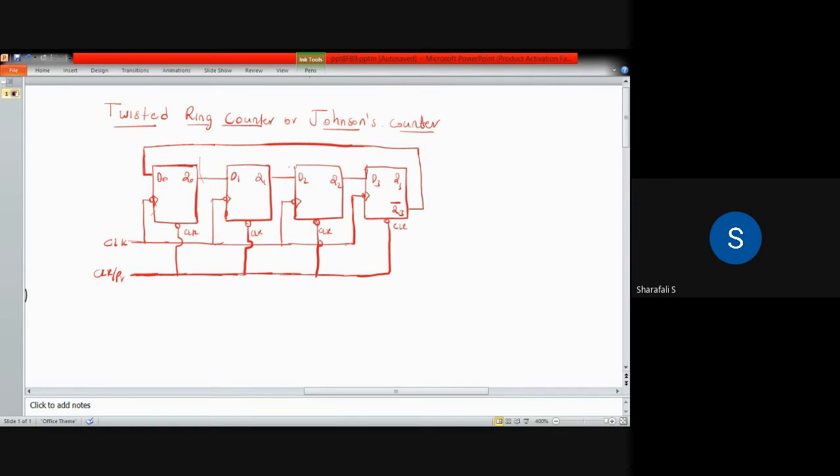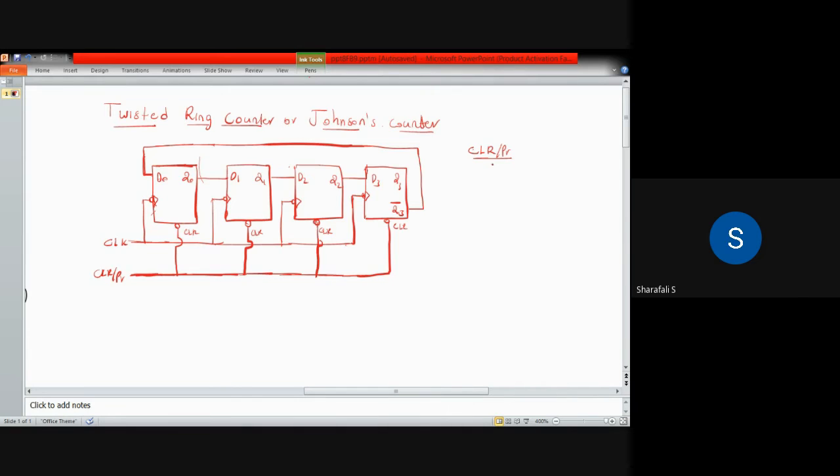When the clear is enabled, all the flip-flops will be cleared initially. As we discussed earlier, we have the clear or preset option.